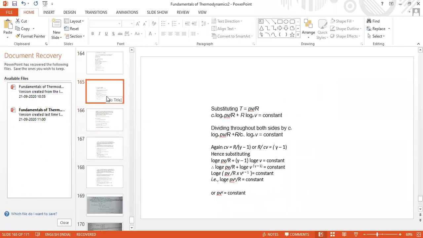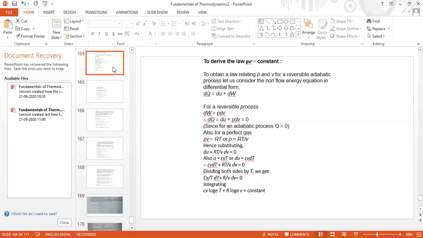In the last class, we derived how PV^gamma equal to constant is arrived at, using first law of thermodynamics applied to a change of state and simple CP-CV relations, and of course, perfect gas equation also we used.